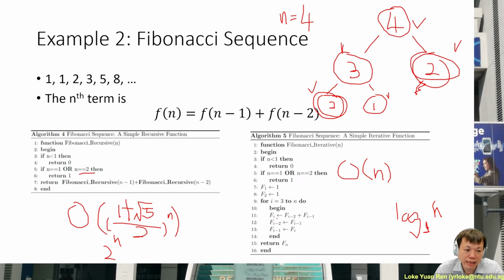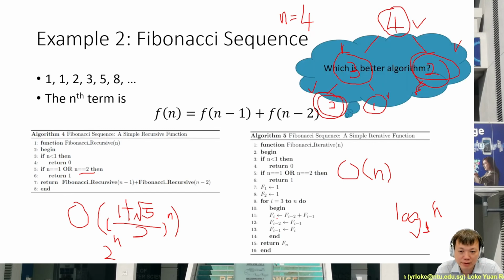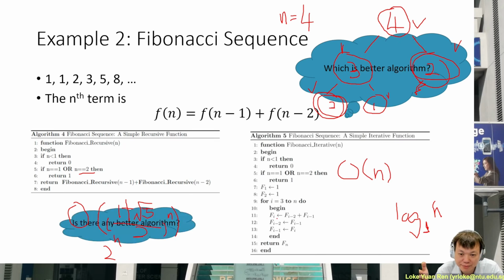So sometimes people will analyze first and find out which one is the best, then implement that one. That is good enough. So in this question, it is algorithm 5. But there's another one you can go and find out by yourself, which can achieve log n. There's another better one.